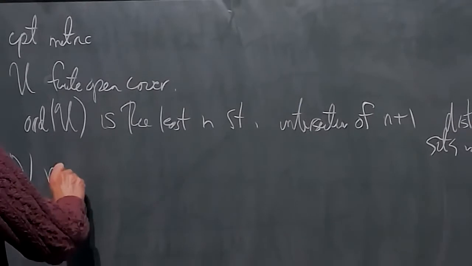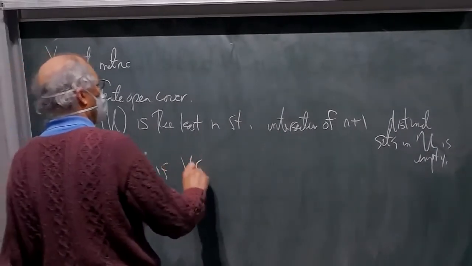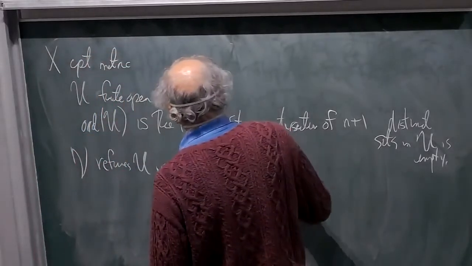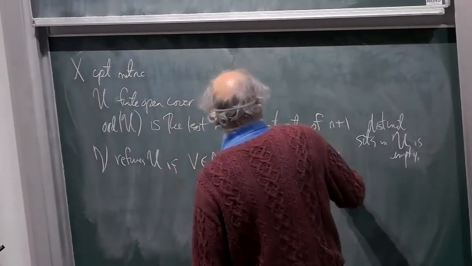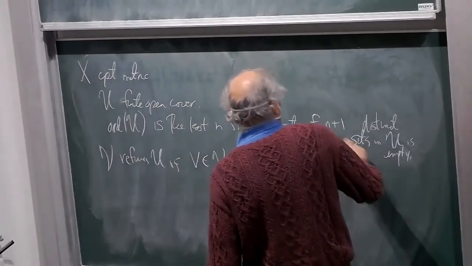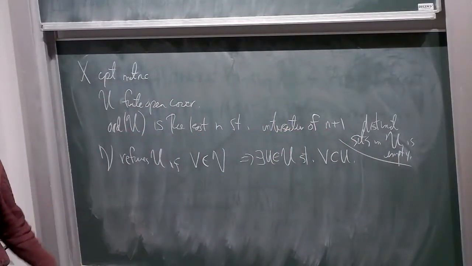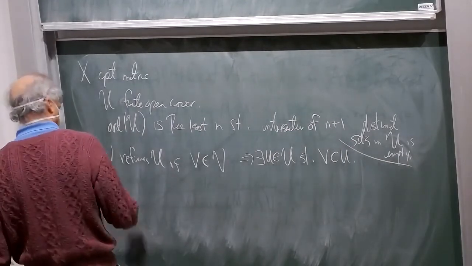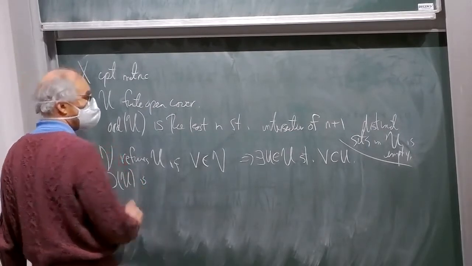V refines U if every set in V is contained in a set of U. Then D of U is the least order of some refinement.